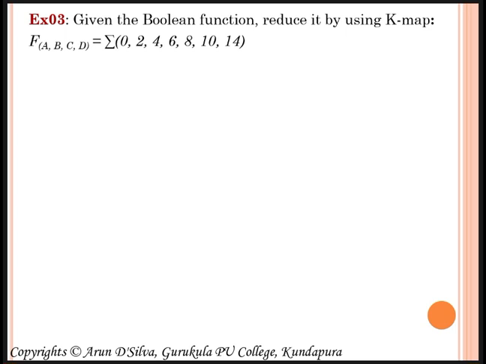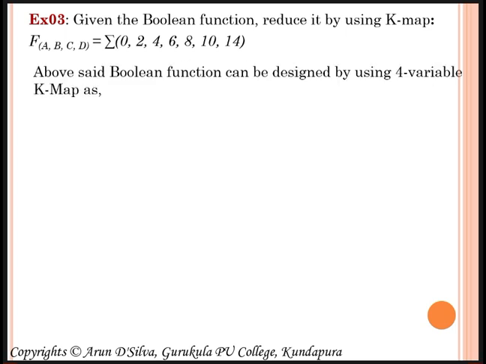Let me continue with example 3. The given Boolean function, reduce it by using K map: f of ABCD equals summation of 0, 2, 4, 6, 8, 10, 14.